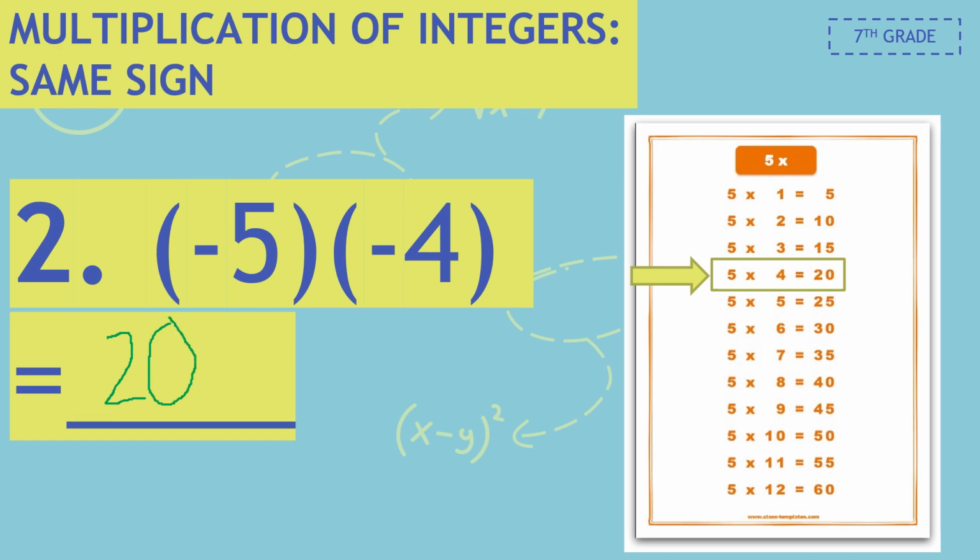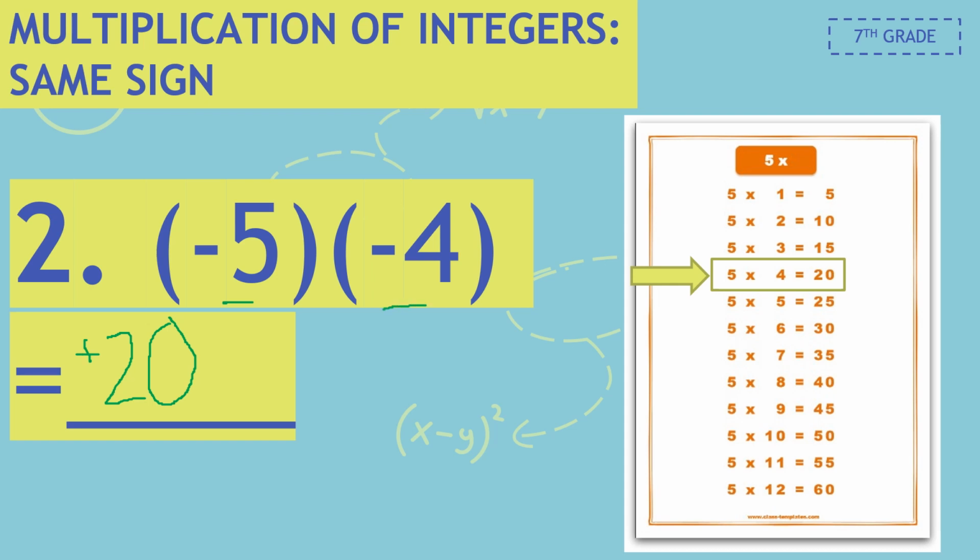So the question is, what would be the sign of the product ng negative 5 and negative 4? Okay, always remember that the product will always be positive. Kasi po, yung given natin, same sign po sila.